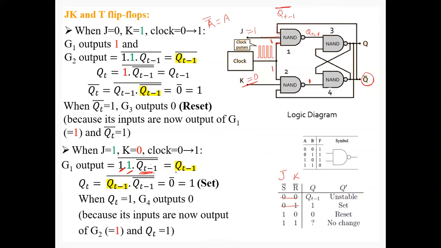Okay, now, so this makes sense, right? So meaning my output here is Qt minus 1. Now, what is Qt? Now let's figure out Qt. What should be another input here?